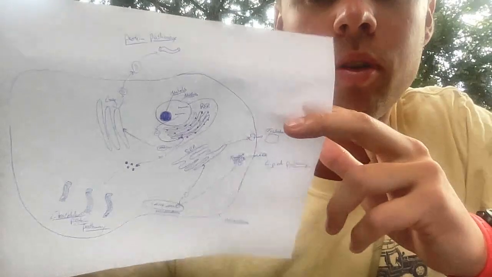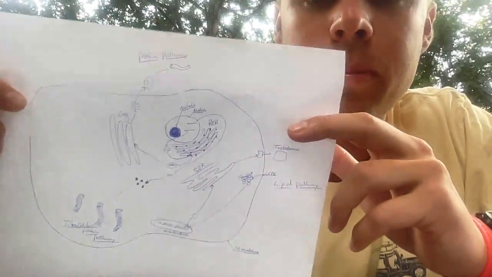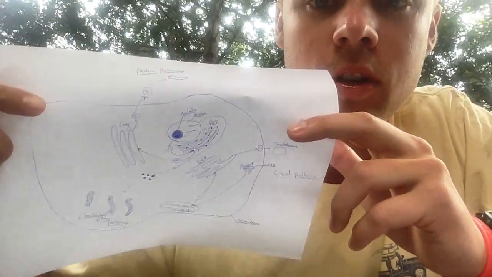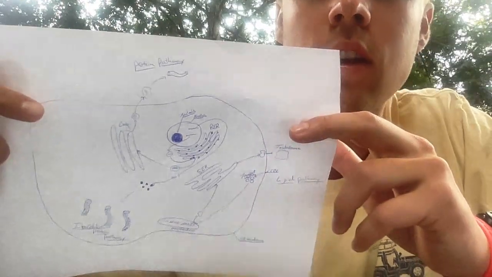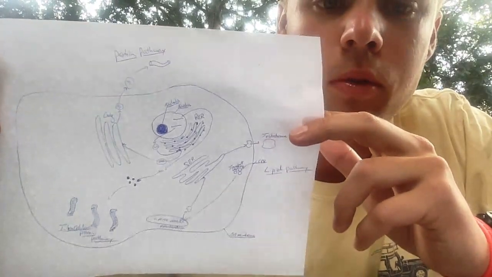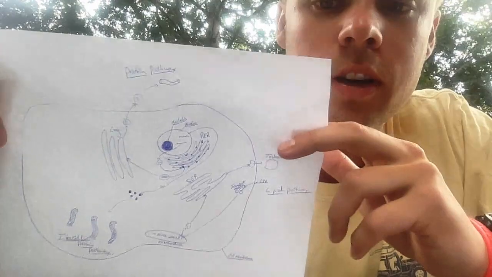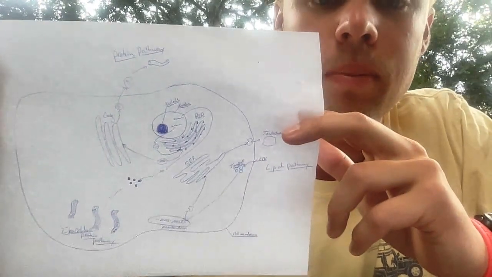Let me backtrack. It starts as transcription in the nucleus, leaves through the nuclear pores as an mRNA strand, and then that strand gets translated by the free ribosomes.